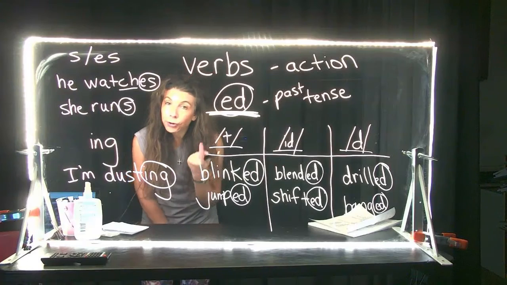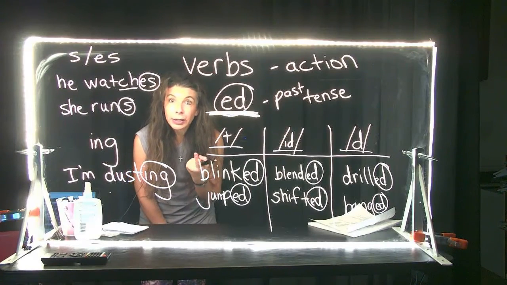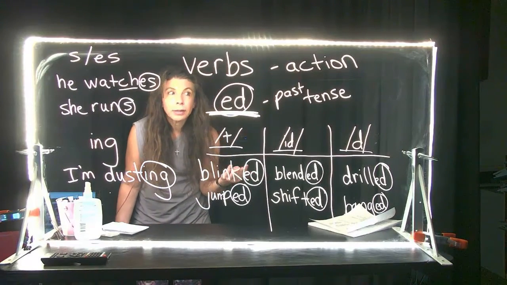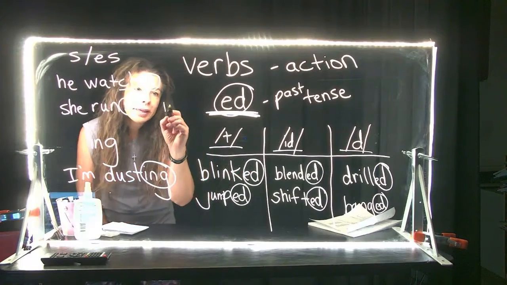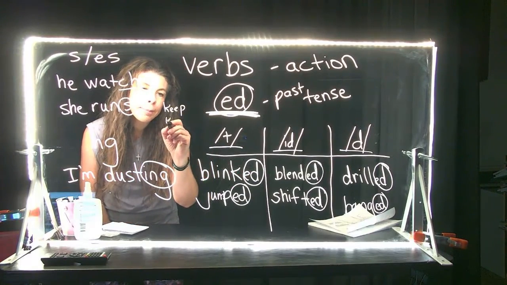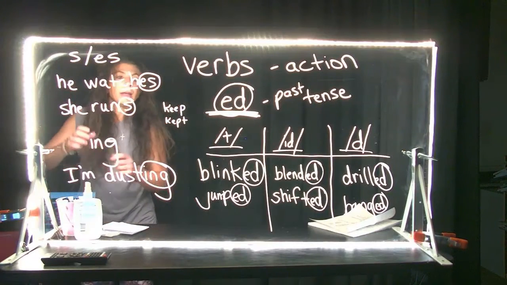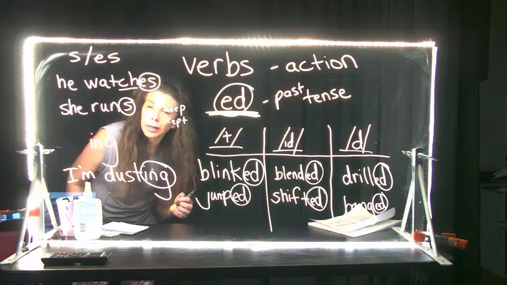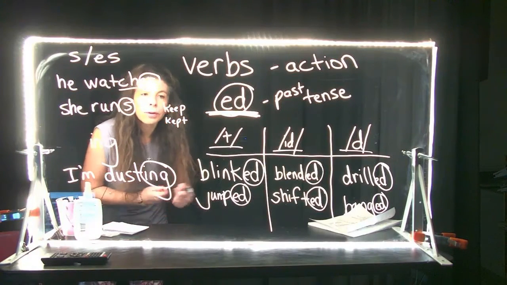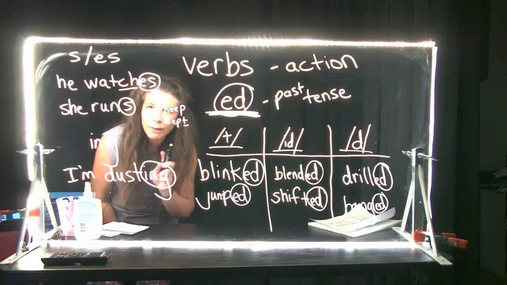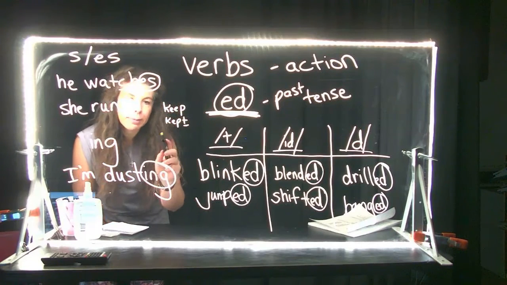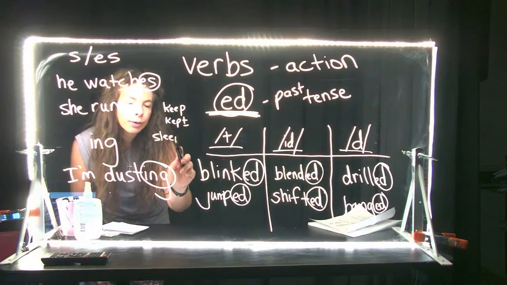Now, there are certain irregular verbs, right? So you think about keep and kept. You're like, Mrs. D, well, that ends with a T. In this case, 3rd grade, the whole spelling changes. So T's not considered a suffix. It's part of the spelling of keep and kept. Sleep and slept.